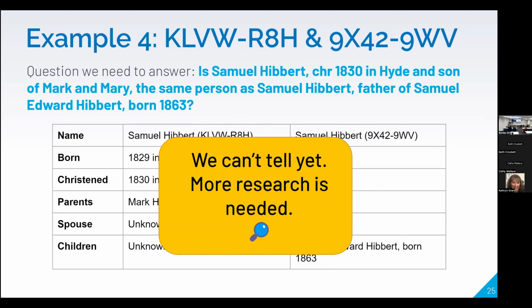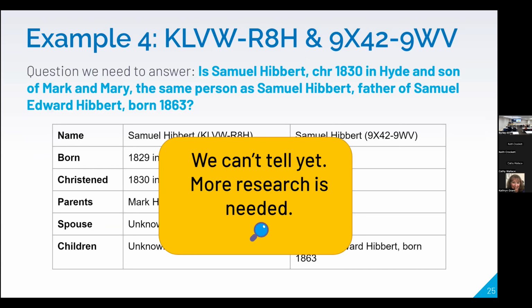It's very risky to conclude that two people are the same just because they have the same name. Almost all of the time, they won't be. If you ever want to do a fun experiment, go into Family Tree and just search for a name like Samuel Hibbert or Mark Jones or Francis Bescovy or whatever, and look at all the results that come up that are clearly for different people.